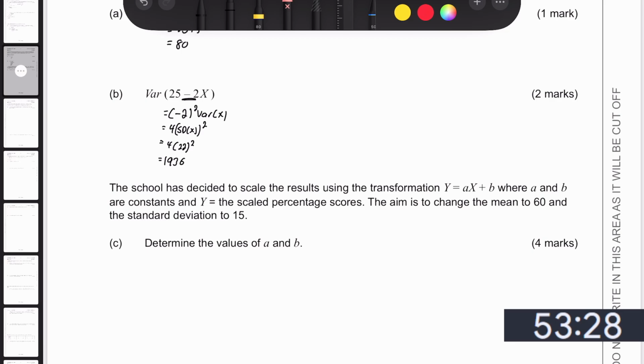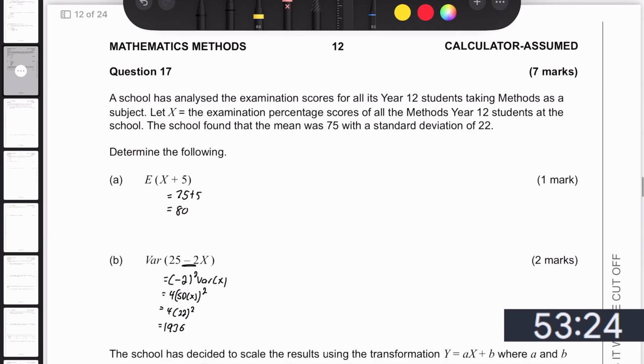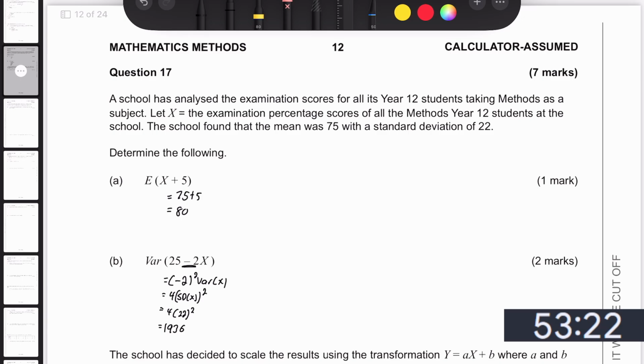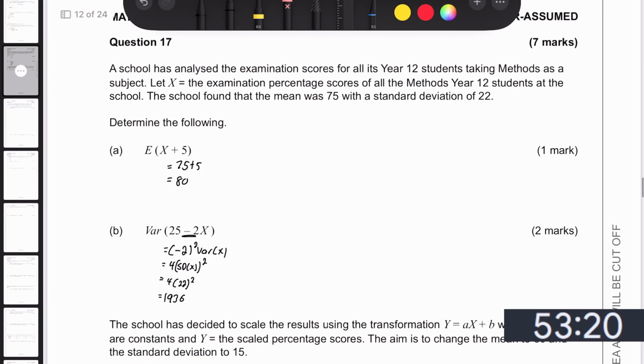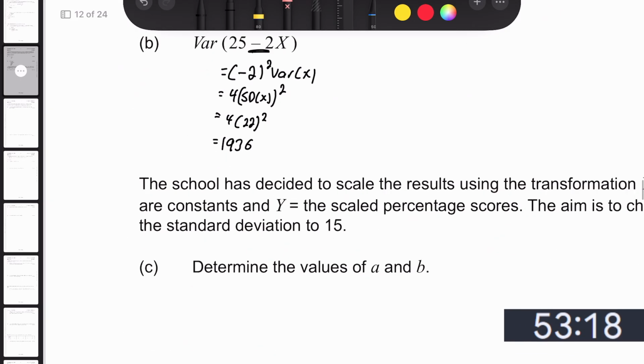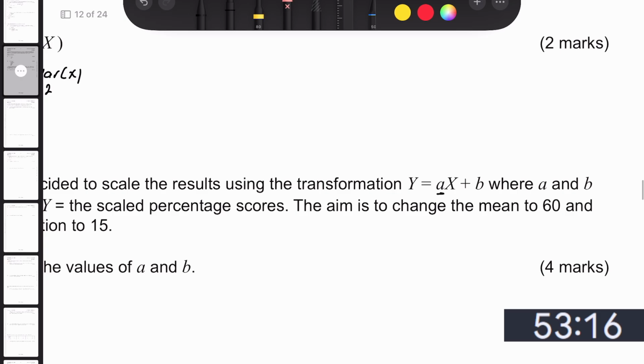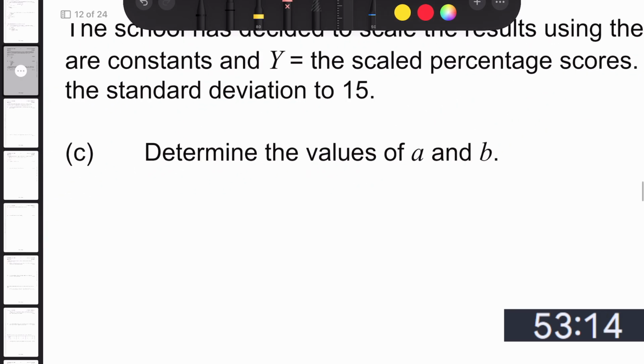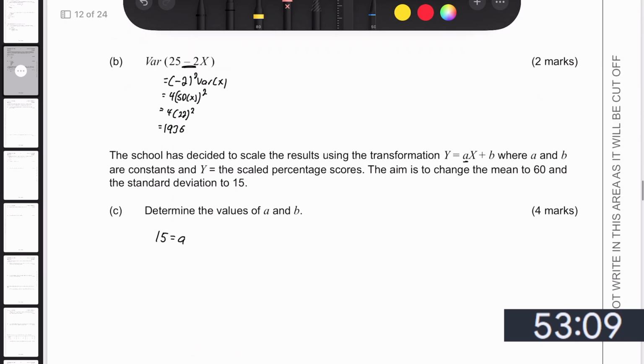The aim is to change the mean to 60 and the standard deviation to 15. Okay, this won't be so bad. Standard deviation is only affected by the coefficient in front of x. So if I want 15, that's going to be equal to some a value.